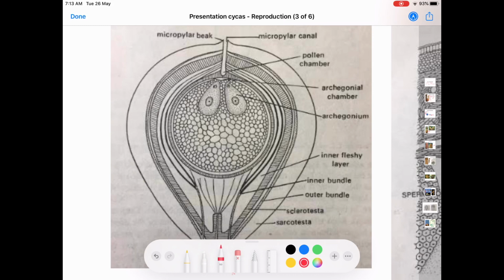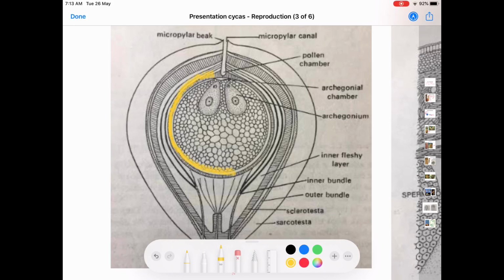Already I have told you, it will be having a centrally located female gametophyte and the archegonia. The archegonia in turn will be carrying the female nucleus. See this, these are the eggs. The female gametophyte in turn is covered by the nucellus.